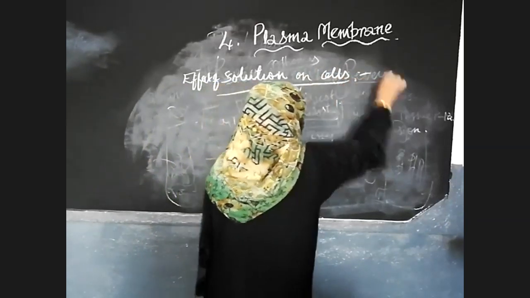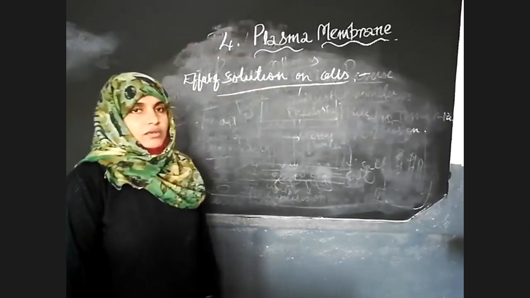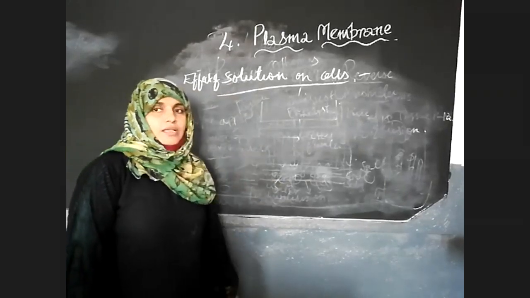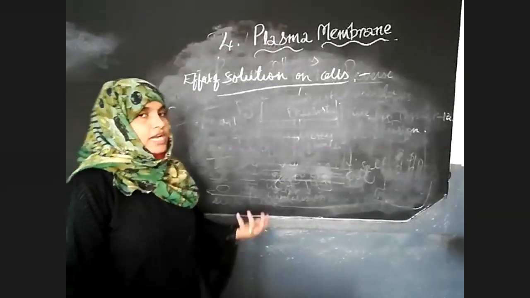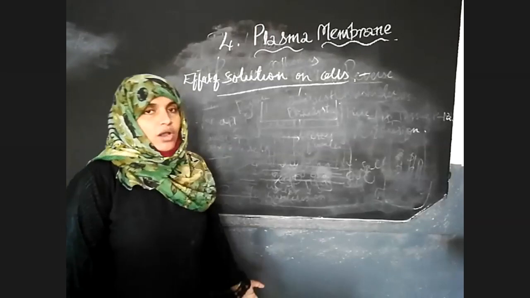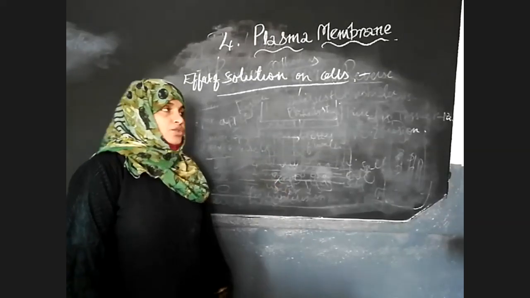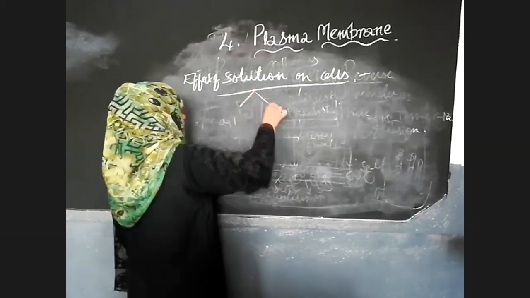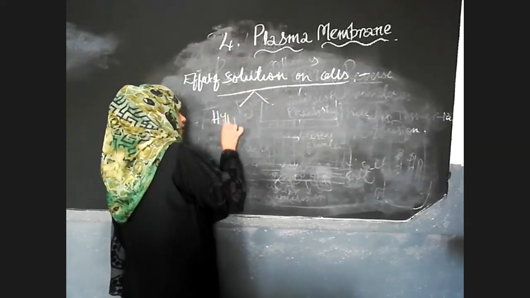As you know, plant cells are covered by a cell wall, and animal cells are not covered by a cell wall. They have only a cell membrane. So here two solutions are taken. One is the hypertonic solution.